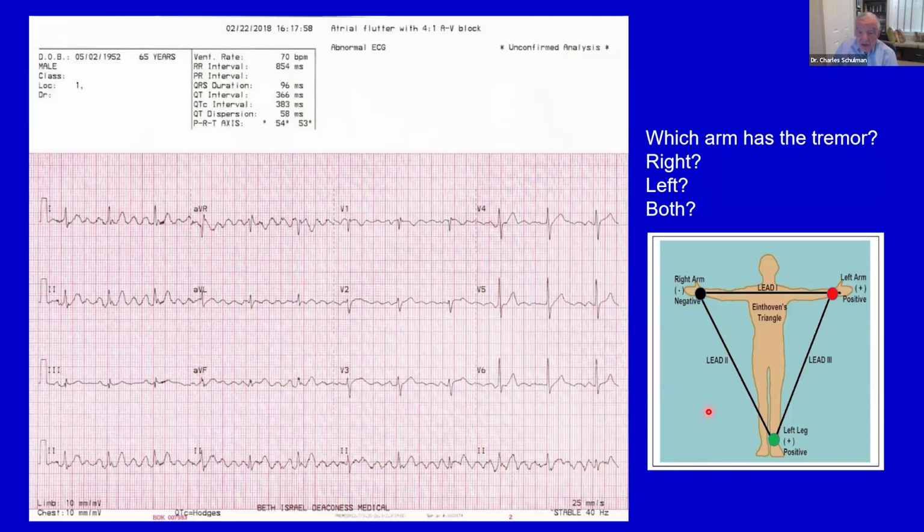Lead 2 has the tremor, so that means the right arm and the left leg. Lead 3 doesn't have it, so the left arm is the one without the tremor, and the leg doesn't have the tremor either. So which one has the tremor? The right arm.